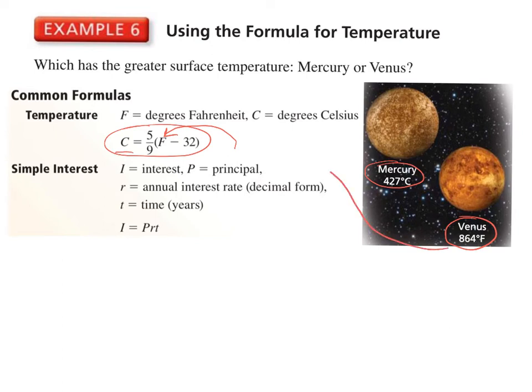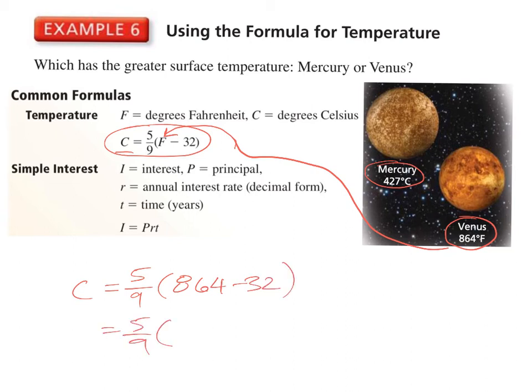I'm going to plug in the Fahrenheit temperature here because that's easier than plugging in the Celsius temperature. So I have Celsius equals 5/9, and then I have 864 minus 32. So I have 5/9 of 832, and then 9 goes into 832. How many times?